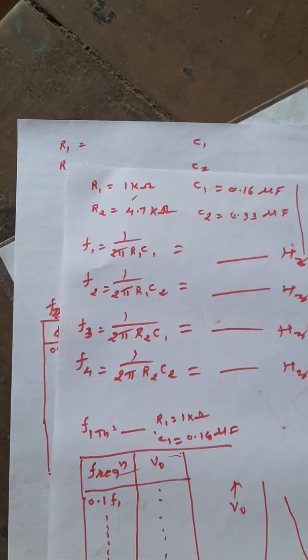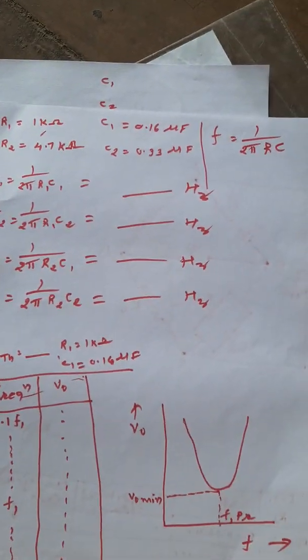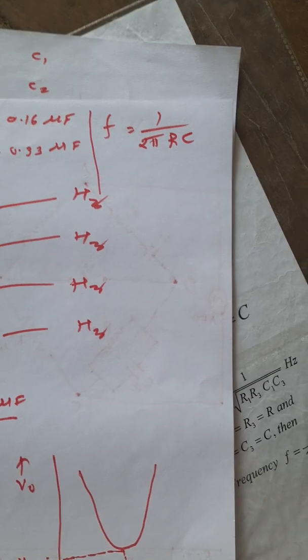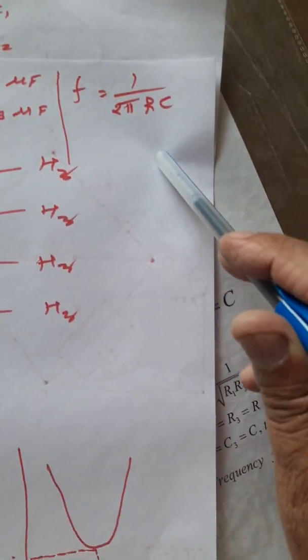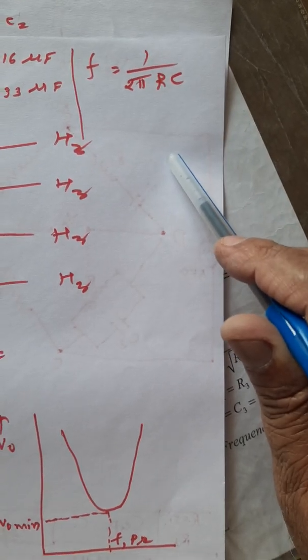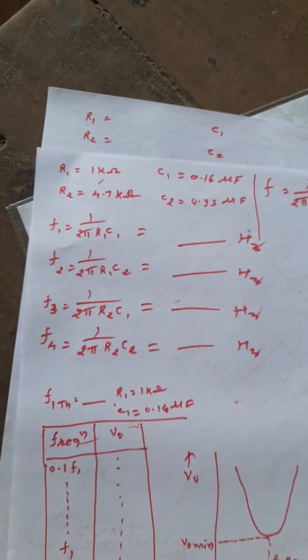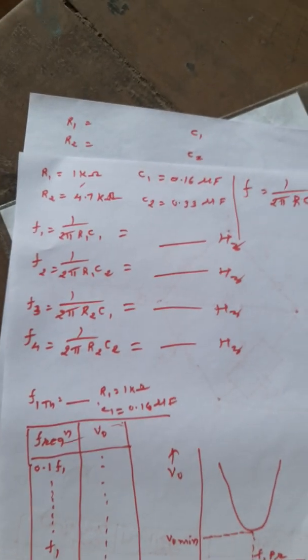So we have 4 different combinations. The frequency at which the bridge is going to balance is given by this formula: F is equal to 1 upon 2 pi RC, where R is either R1 or R2, and C is either capacitor C2 or C1.